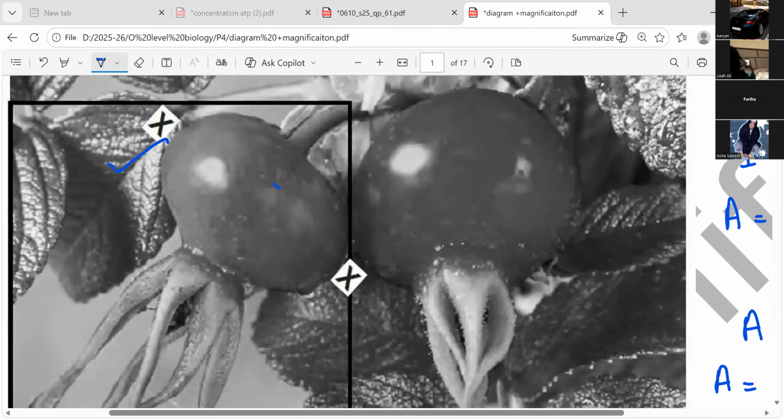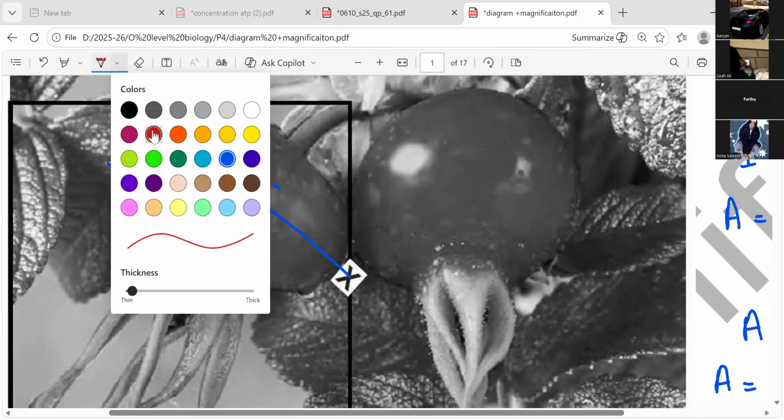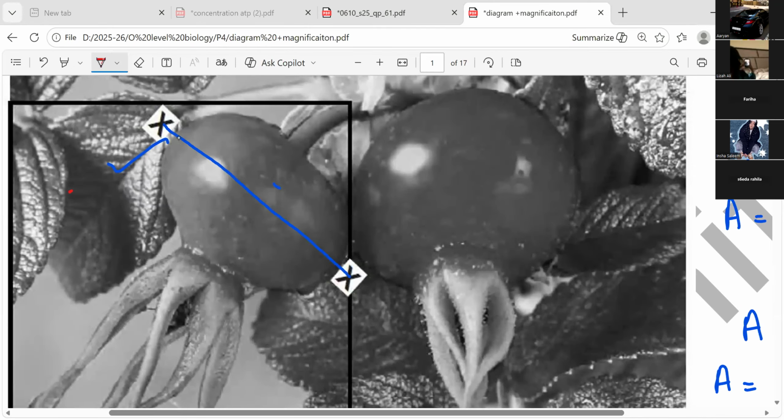Do we need to measure the length from X to X like this? Do we need to measure this blue line, or this red line? What do you think?